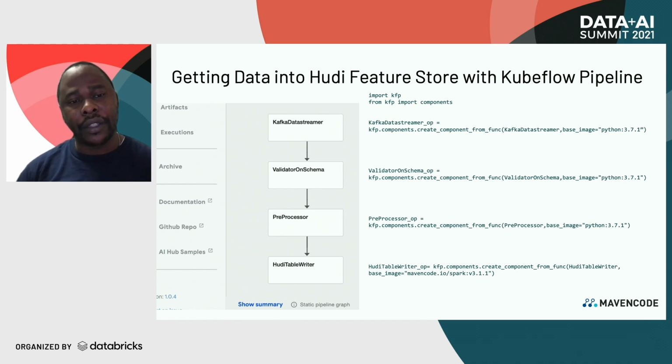So let's imagine in this case, we have a Kafka data streamer that connects with the Kafka data store. We have a component that will connect to the topic on the Kafka server and pick up the data. Once we pick up the data, one of the things we try to do is validate the schema.